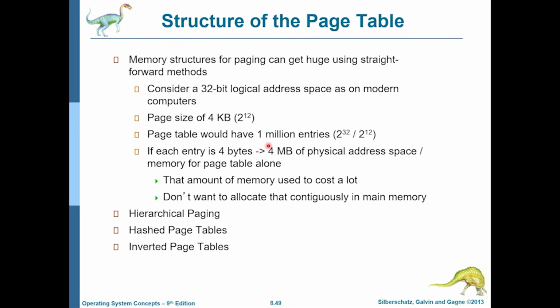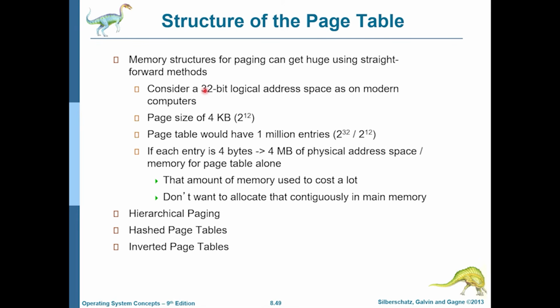So if we would have to have page table entries for the entire logical address space, then 4 megabytes of space would be needed just to store the page table. That is a lot of memory, and it is usually seen that processes don't even need that much memory. So even if they have 32 bits of logical address space, they don't go on to use all the space from 0 to 4 gigabytes. They use only a subset of space, and as they grow, more pages are given to them.